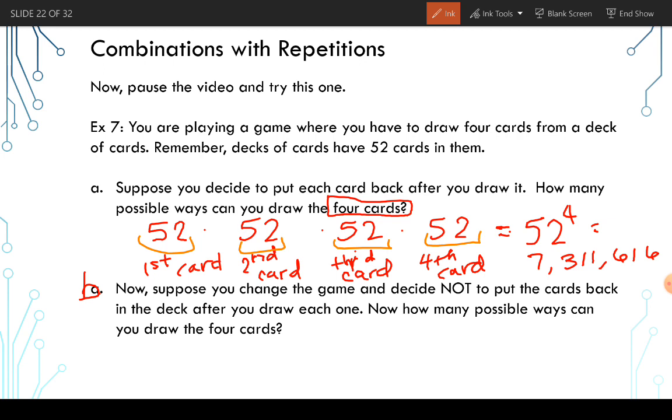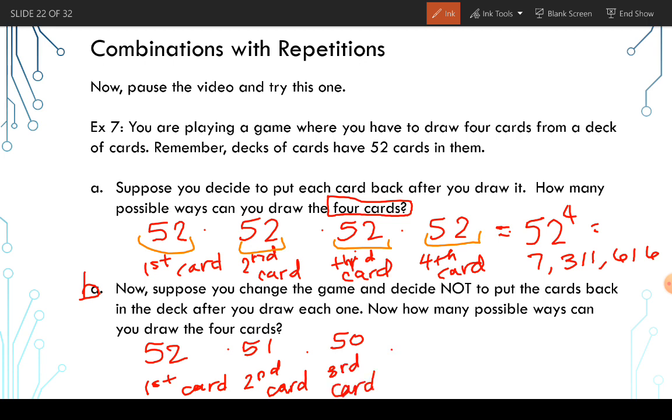Okay, this time my first card, I have 52 options because there are 52 cards in a deck. I take that card out, I put it on the table with me, and then I pick up the next card, which means there's only 51 cards left. So my second card only has 51 options. My third card has 50 options because I left that second card and the first card out with me.